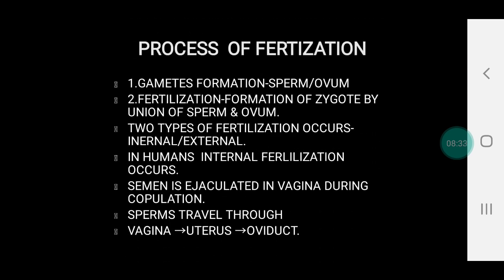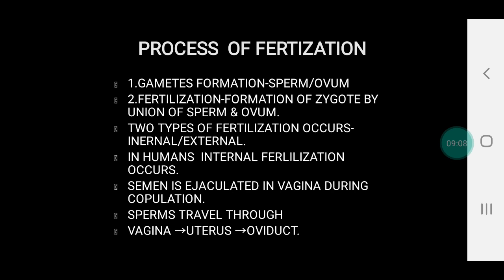Now we will study the process of fertilization. Gamete formation, that is sperm formation and ovum formation, takes place before the process of fertilization. Fertilization is the formation of a zygote by the union of sperm and ovum. Two types of fertilization occur, internal as well as external, but in human beings, internal fertilization occurs.